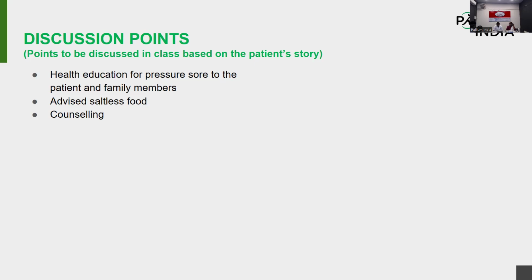Here, counseling is also important because the family members are also affected by all these things. I think since the last 2 months the patient has been admitted in the hospital, right, Sarah? Yes, ma'am. The family is also there, right? Yes, ma'am.